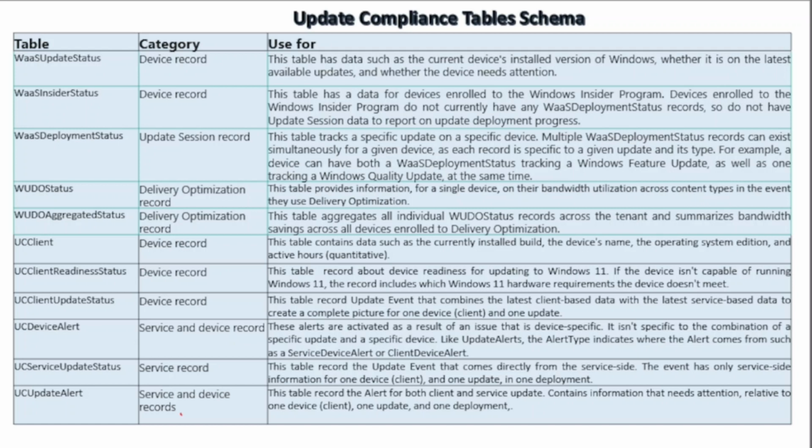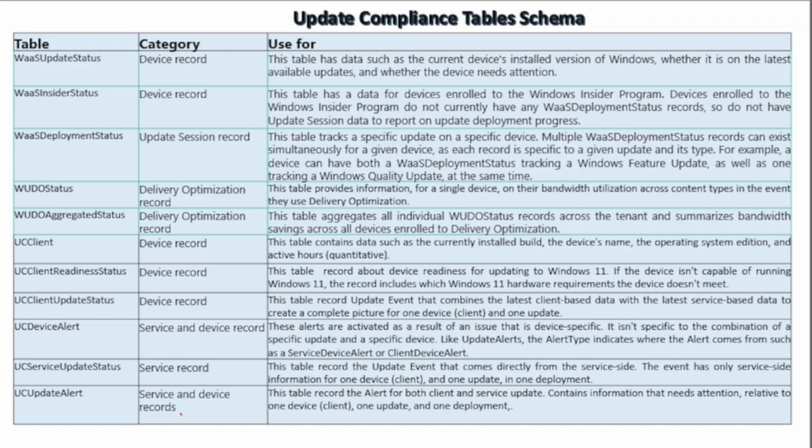Like update alerts, the alert type indicates whether the alert comes from a service device alert or a client device alert. The next table is the Update Compliance Service Update Status table, and this table records the update event that comes directly from the server side.